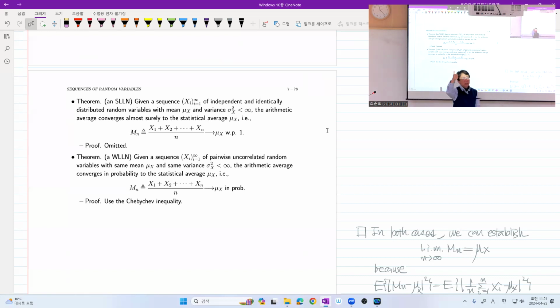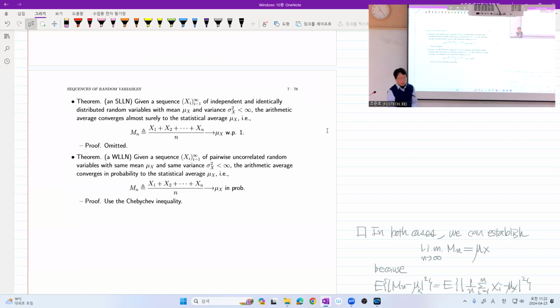First, IID, you may say that is two conditions, but IIDness. Second, existence of the common mean. Third, the existence of the common variance. Got it? And then people have shown that the arithmetic mean, that is the nth term of the sequence you have just constructed, converges to what?